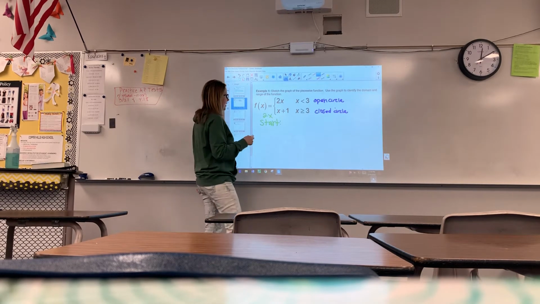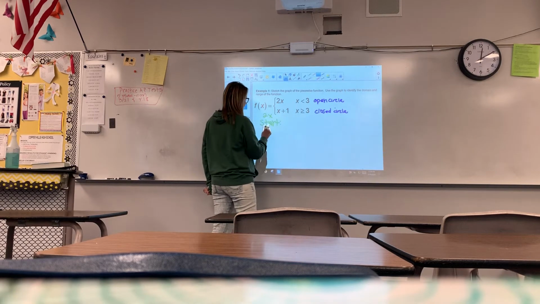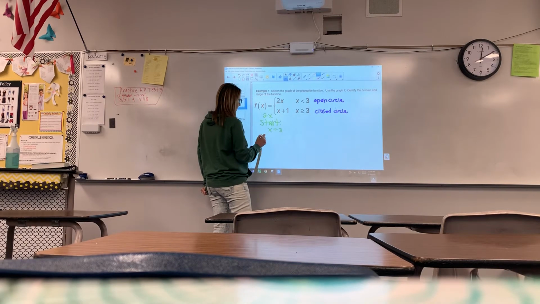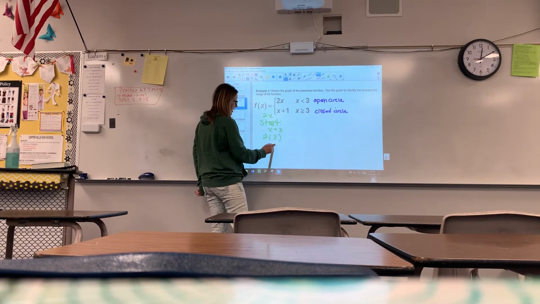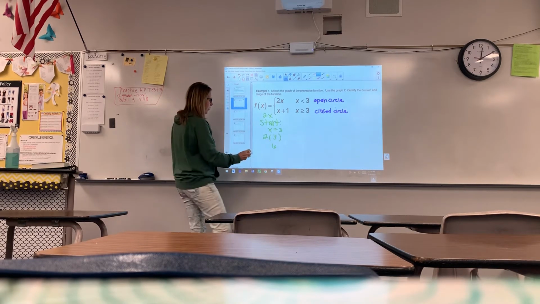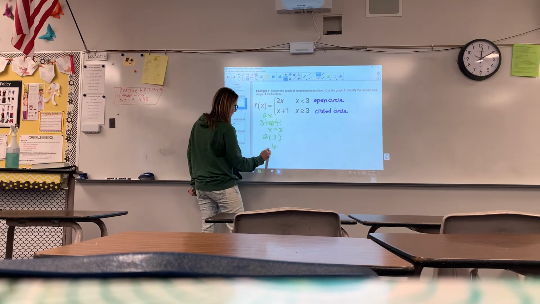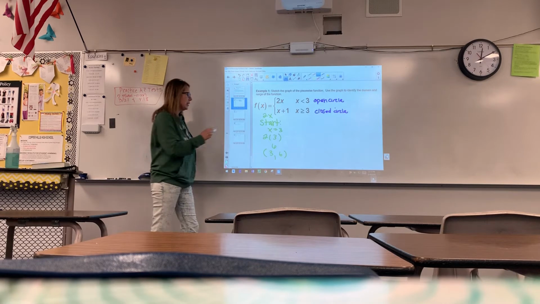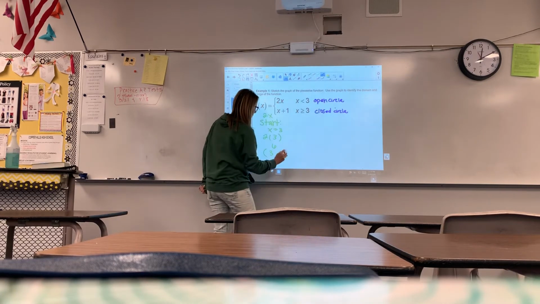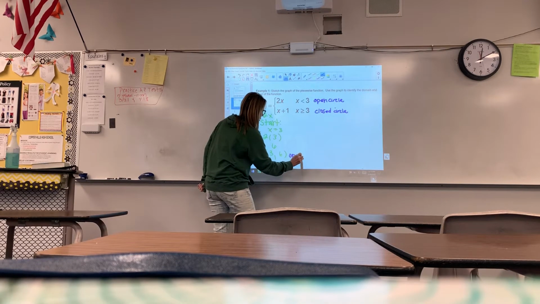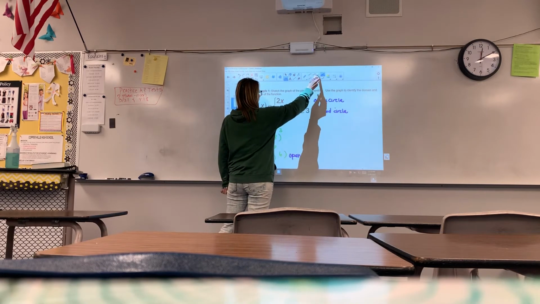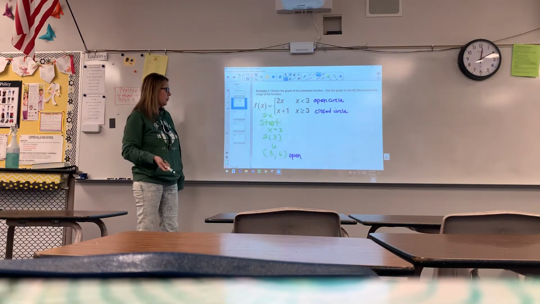My starting point here is 3. I plug a 3 into my function and I get 6. So the ordered pair is x was 3 and y was 6, so 3, 6, and that's going to be an open circle. That gives us a start point.